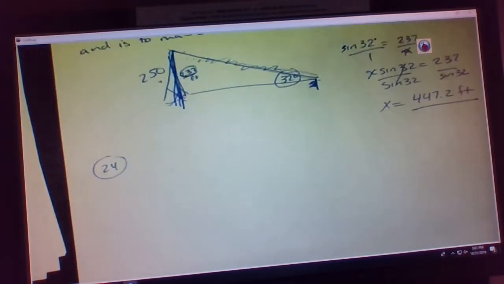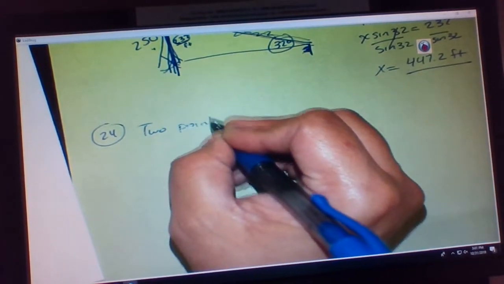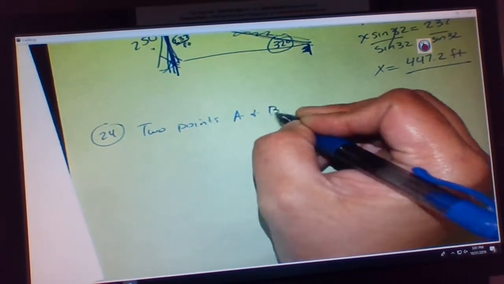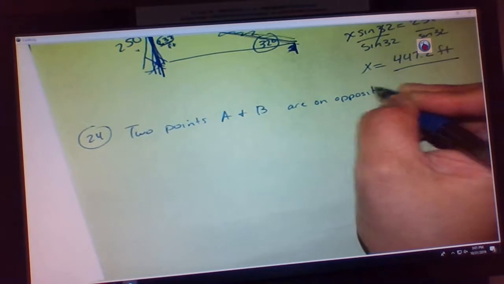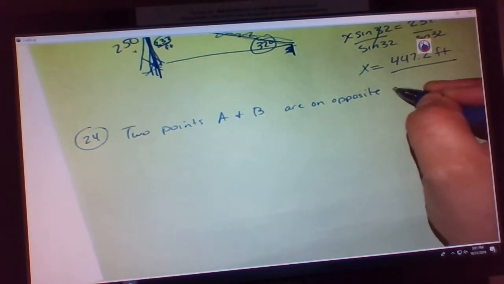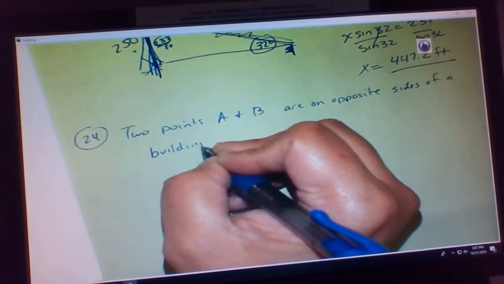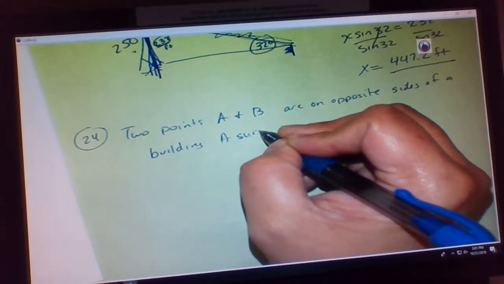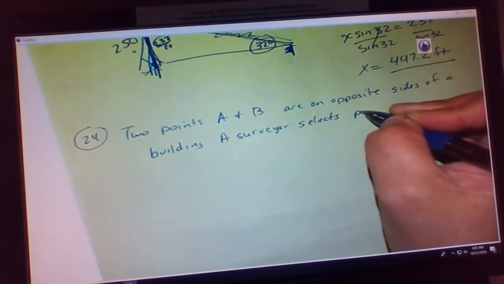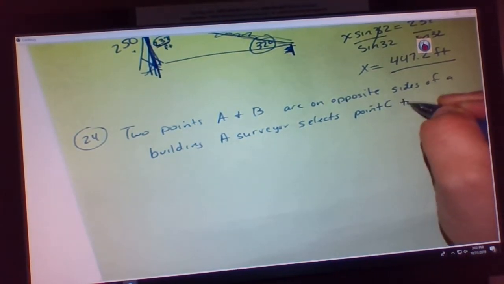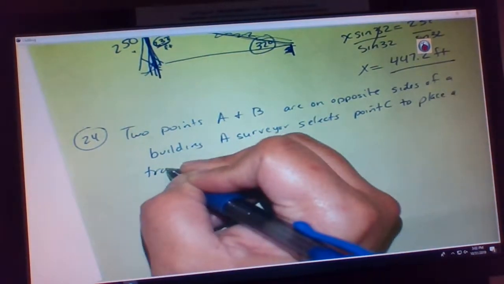And the last one says 2 points A and B are on opposite sides of a building. A surveyor selects point C to place a transit.